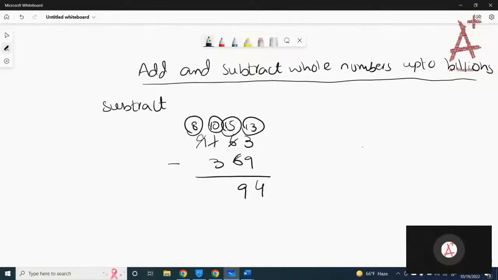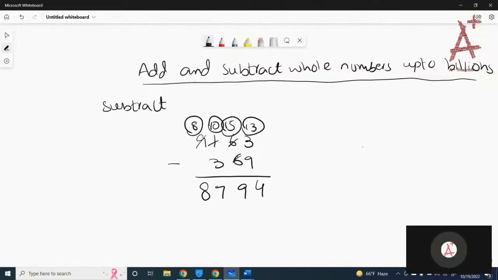You're left with 8 here, and here you have 10. And 10 subtract 3 is 7. And you don't have any digit here, so you need to bring down 8 as it is. Got it? So 9163 subtract 369 equals 8794. Got it?